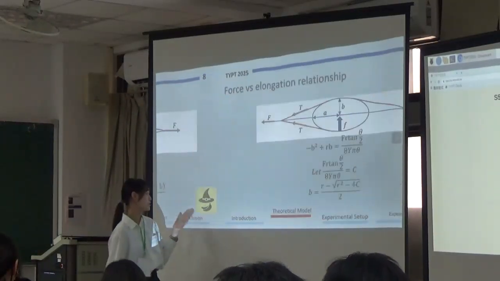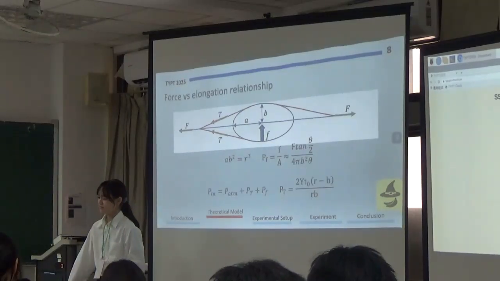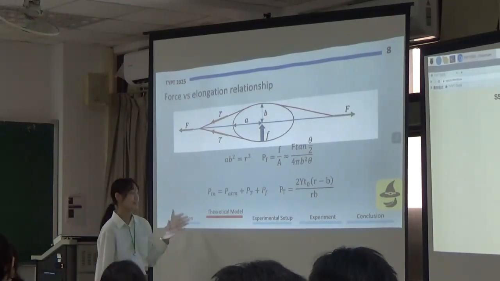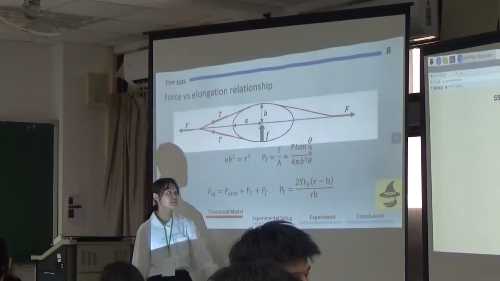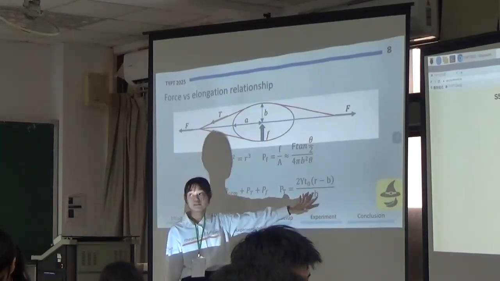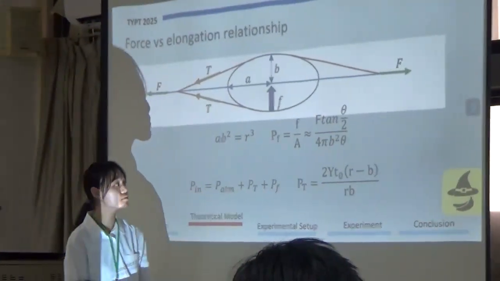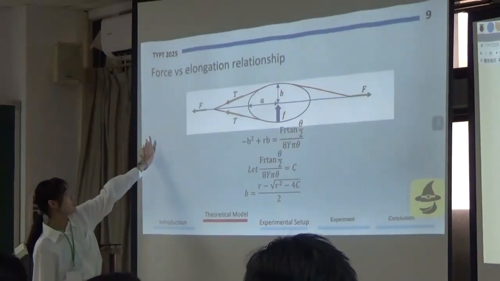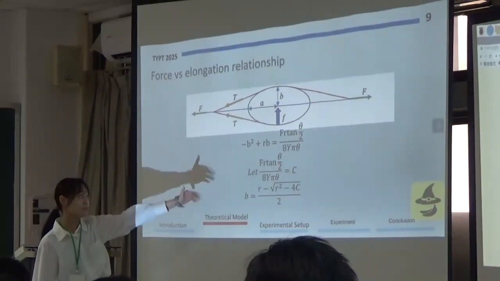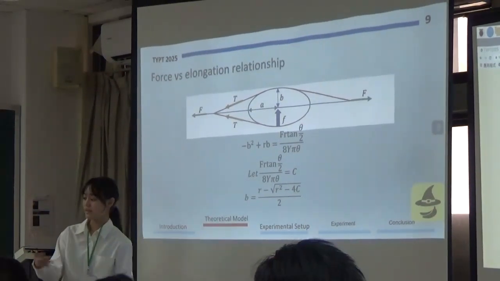The inner pressure equals the outer pressure plus the pressure of T and the pressure of the net. And pressure of T will be this, as mentioned before. This is the force versus elongation relationship.